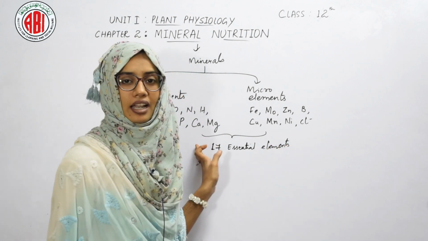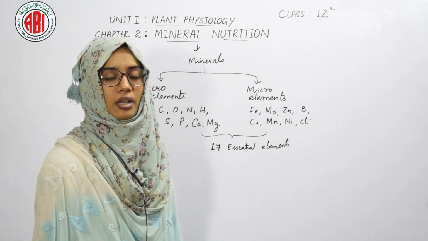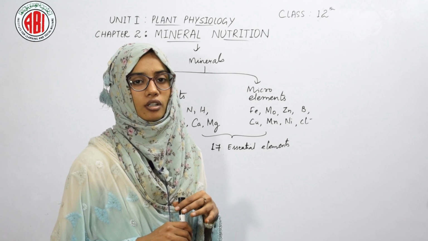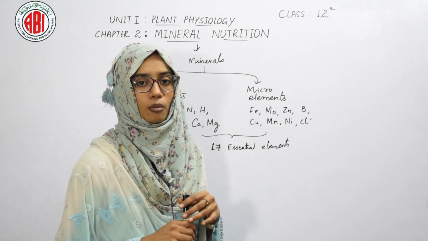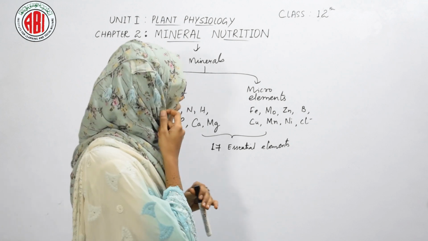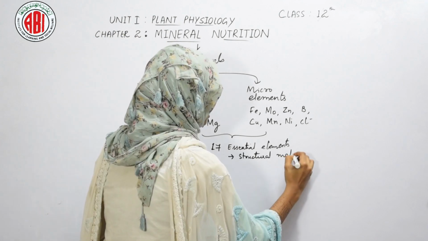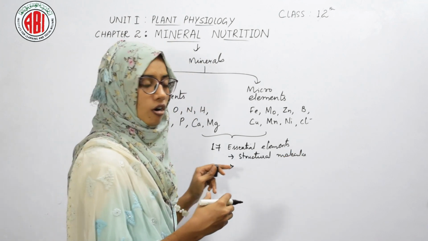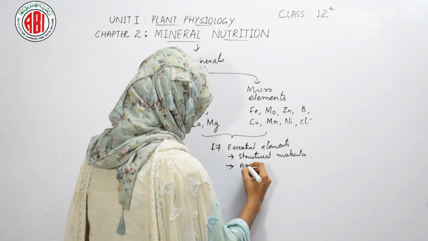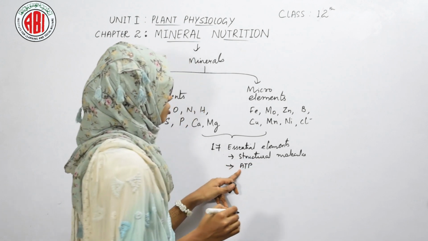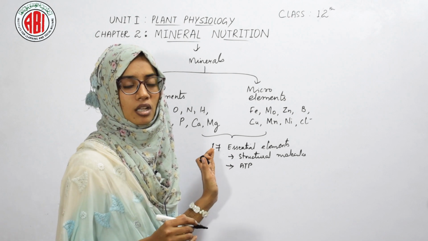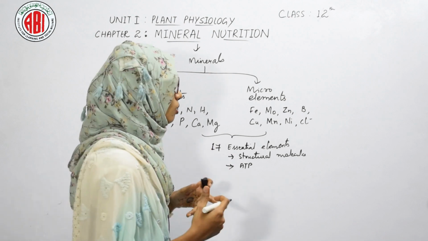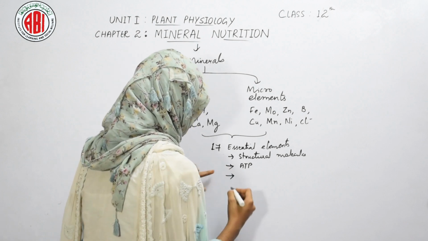These 17 elements are called essential elements because they are required in biomolecular reactions. They help in the formation of structural molecules, and they are also involved in the production of energy molecules, that is, in the synthesis of ATP, so as to carry out the active processes in the plants.